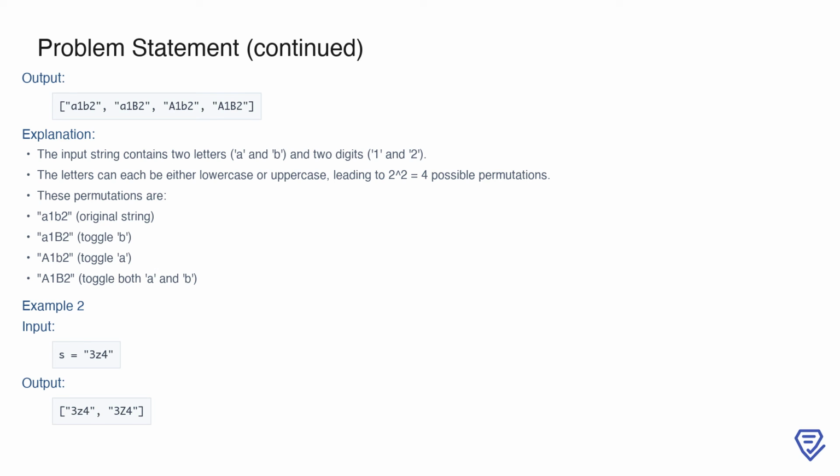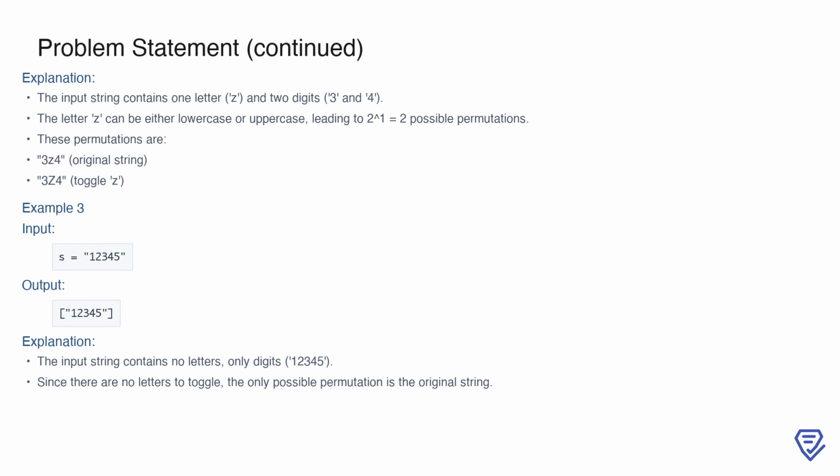In another example, if S equals 3Z4, we only have one letter, Z, and two digits. This results in 2 to the power of 1, or 2, permutations, 3Z4 and 3z4. In the example where S equals 12345, the input contains only digits and no letters.